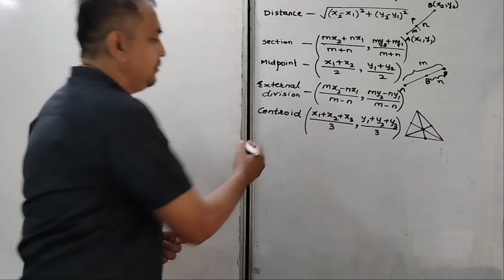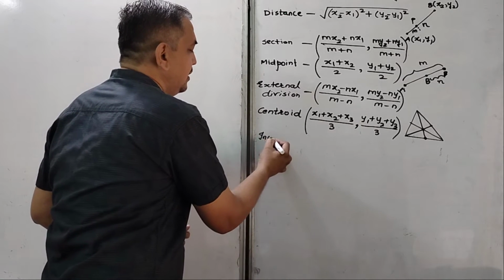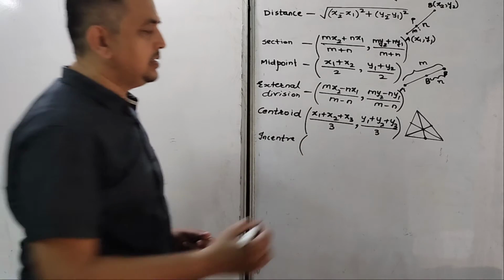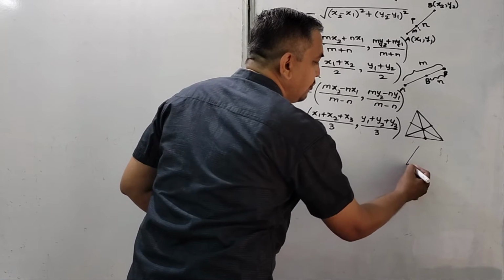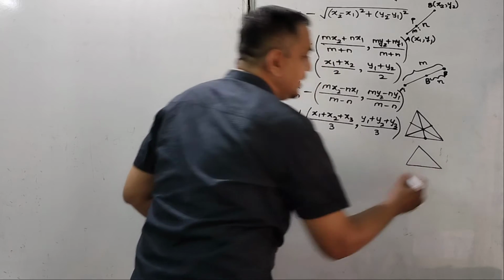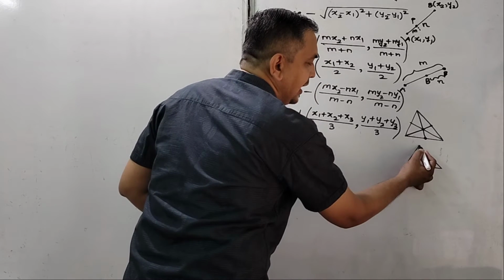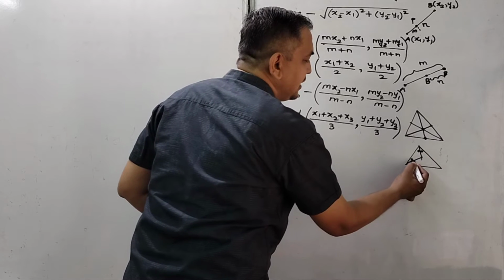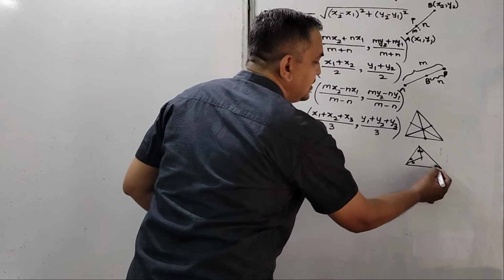Now let us see formula for incenter. What is incenter? If we draw angle bisectors of three angles, this is the angle bisector, this is the angle bisector, and this is the angle bisector.